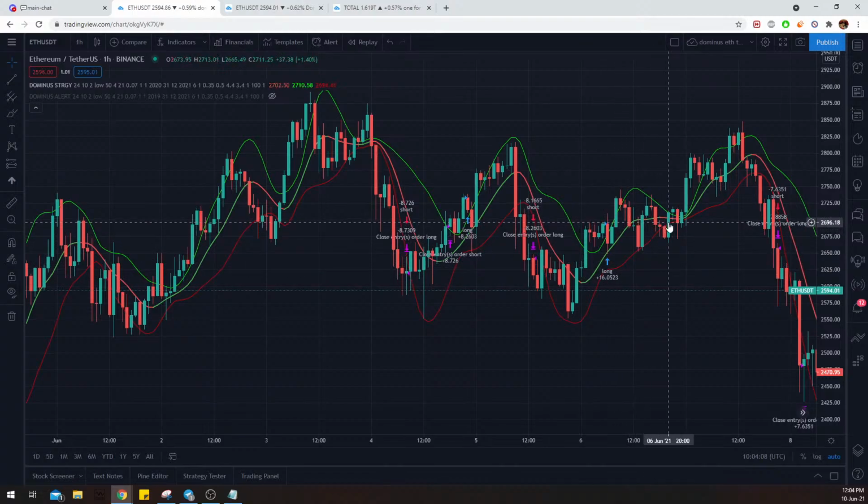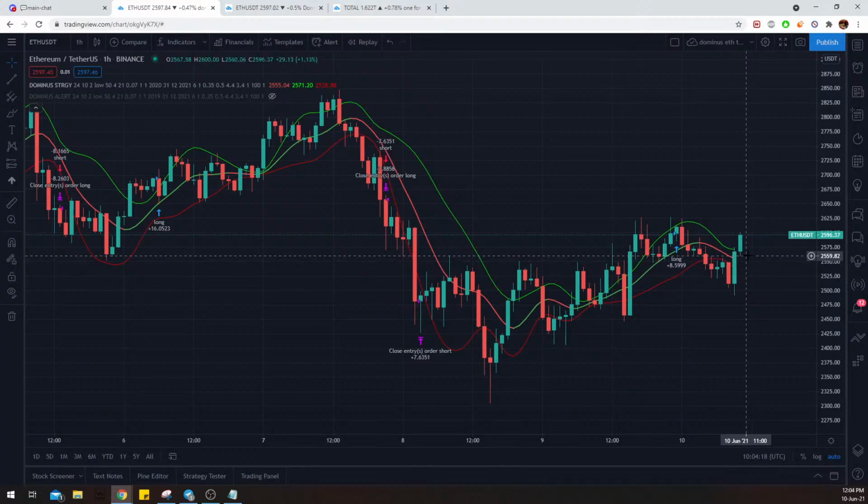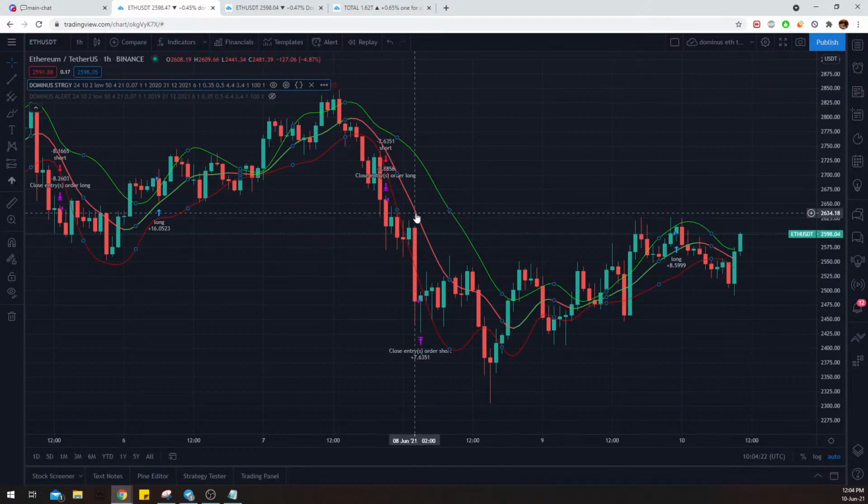So you would enter here, you would exit, this would be a loss. Entry, exit, this would be a small profit. Now you would wait, for example, for a new green and you could enter. So using the middle point, you can also maybe go for it and use it as well.